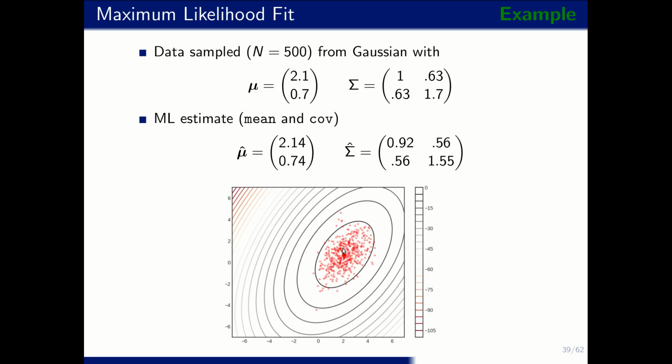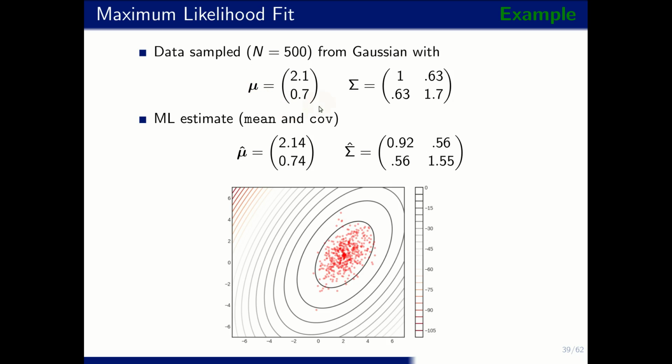So let's check this empirically. Here I produced data, 500 samples from a Gaussian, where I set the parameters to 2.1 and 0.7 for the mean vector.